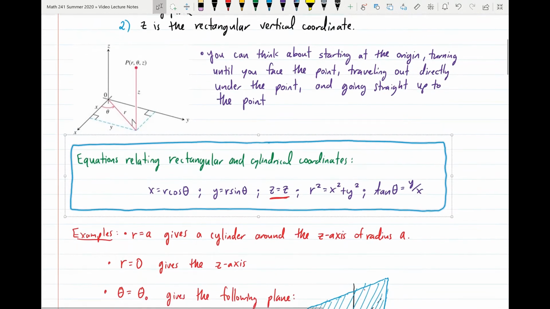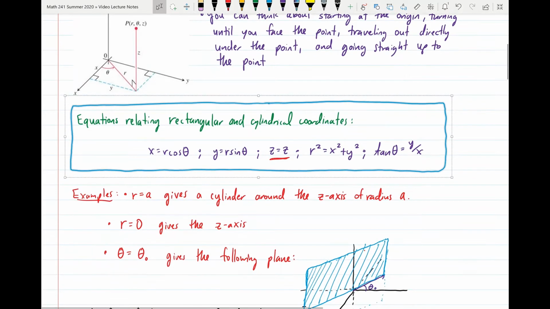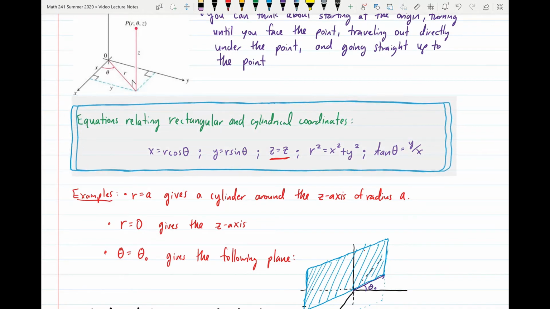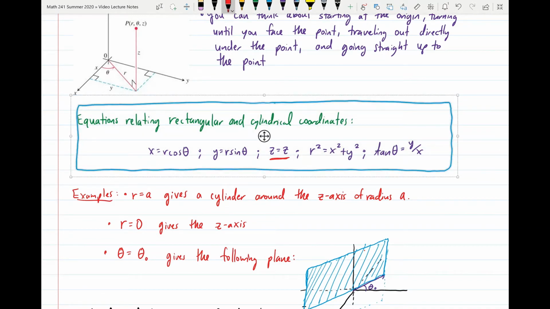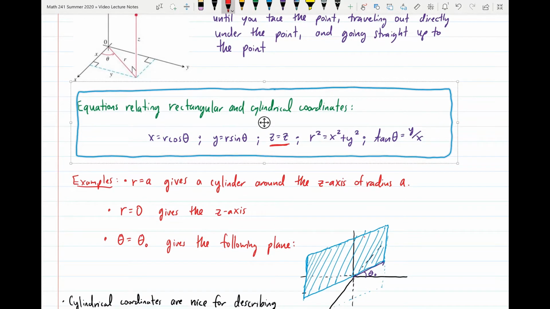We also have equations that relate between rectangular coordinates and cylindrical coordinates. And all of these equations are just pulled over from equations we had relating rectangular coordinates and polar coordinates, except for this particular equation here, which just says that z is equal to z, and that's just because z is going to be a rectangular coordinate in both cases.